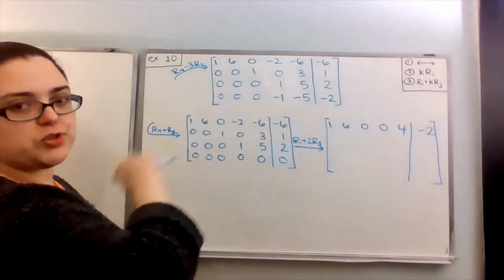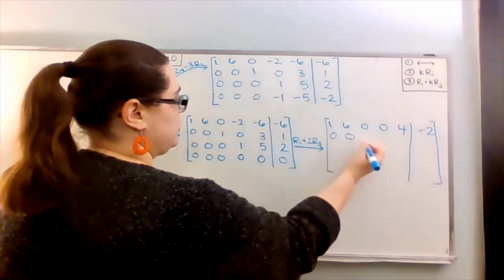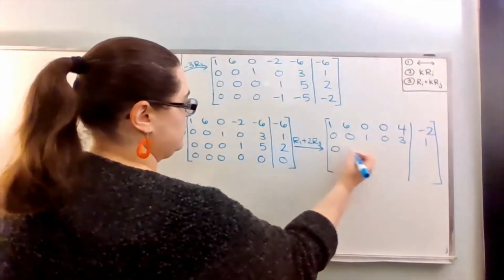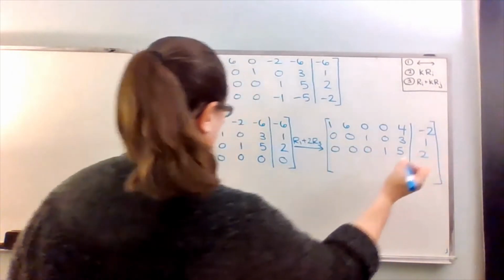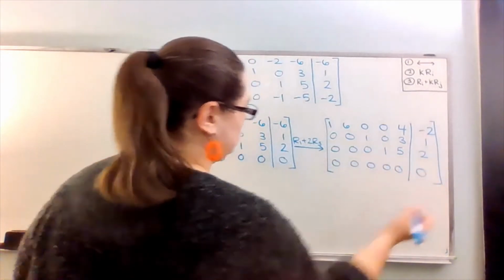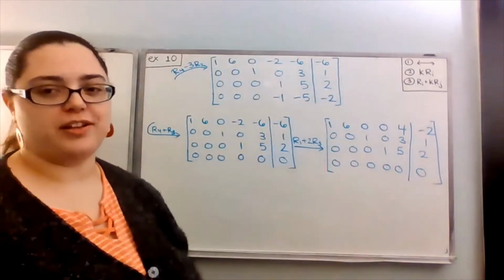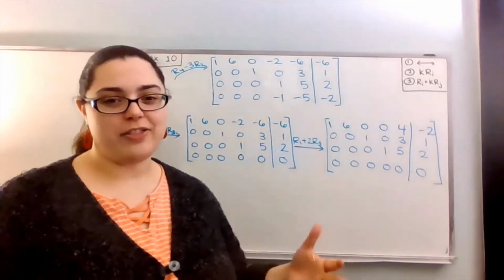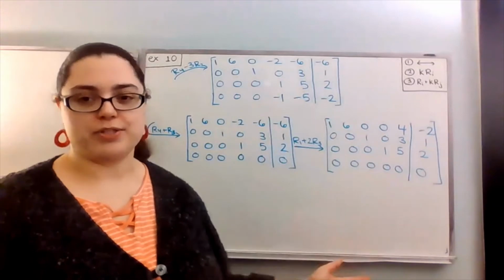Everything else stays the same, so I'm just going to go ahead and copy the rest of this. And now our matrix is in reduced row echelon form. Hooray!